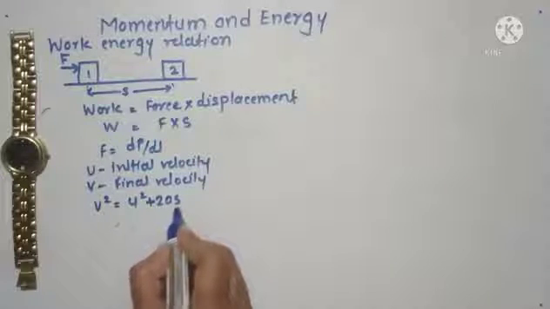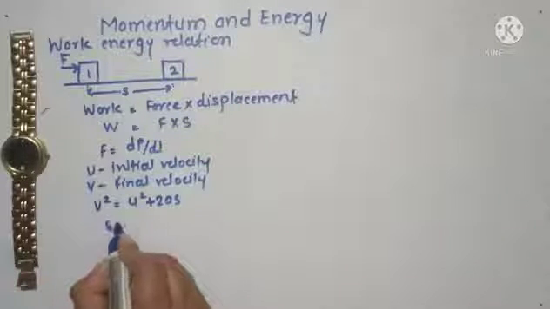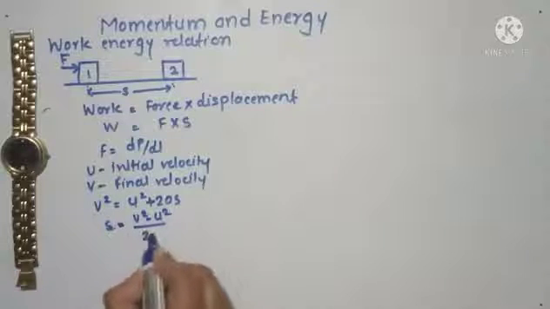From this equation I can find the equation for s. So s is equal to v square minus u square upon 2a.